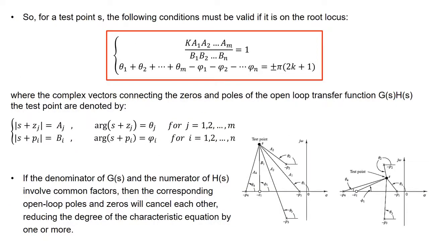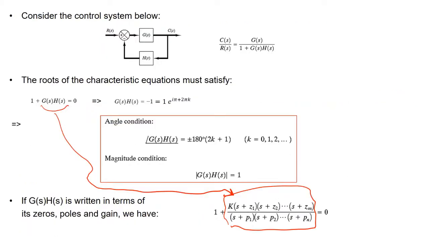Okay, so now using this new notation for Z's, P's, and K's, how can we rewrite these two angle and magnitude conditions? Well, let's say S, or S star, is an actual pole of the transfer function. It's an S value for which this equation is valid, okay?